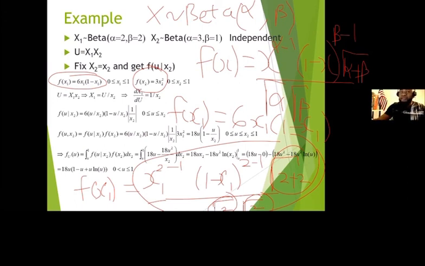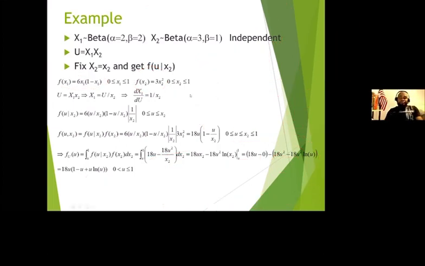Now we have our f of x1 to be this, and we have our f of x2 to be this. But we are seeking to get u, a new variable u, which is the product of x1 and x2. Don't forget, x1 follows a beta distribution and x2 follows a beta distribution with different parameters.